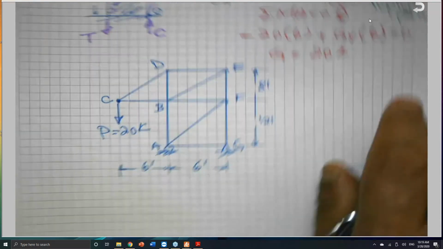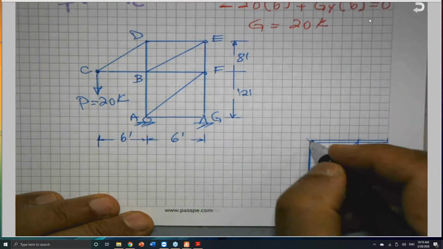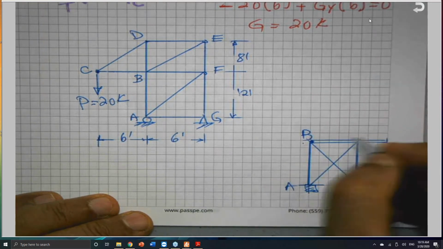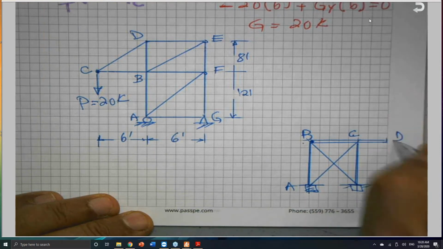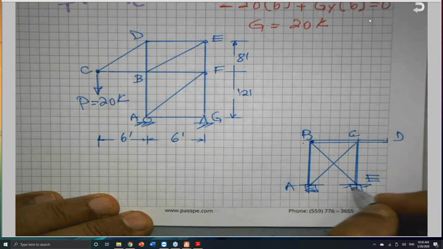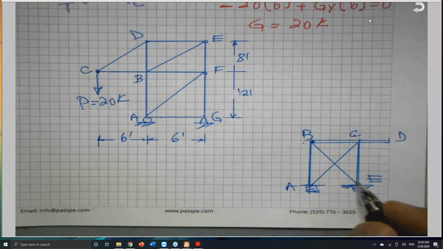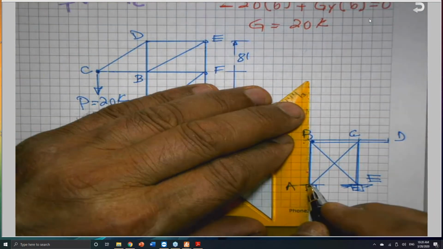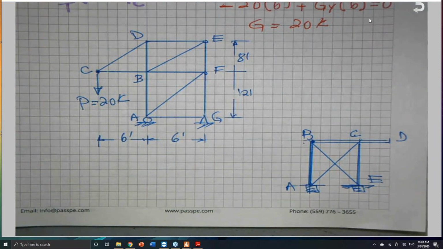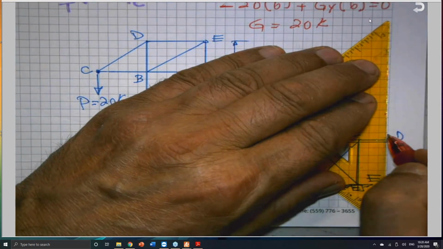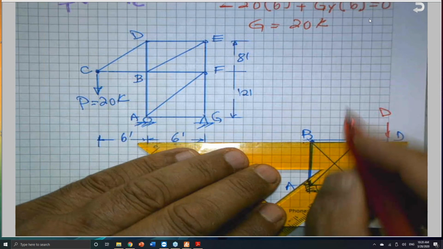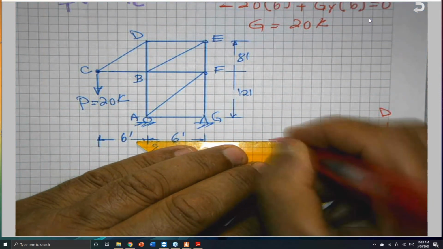So another problem could be included. This is A, and this is B, and this is C, and this is D, and this is E. And the loading acting on this is dead load here, and the wind here.